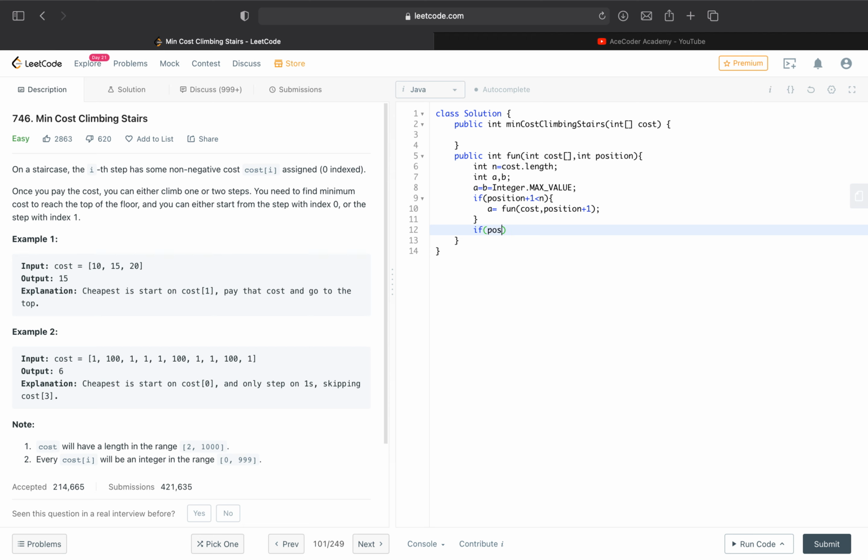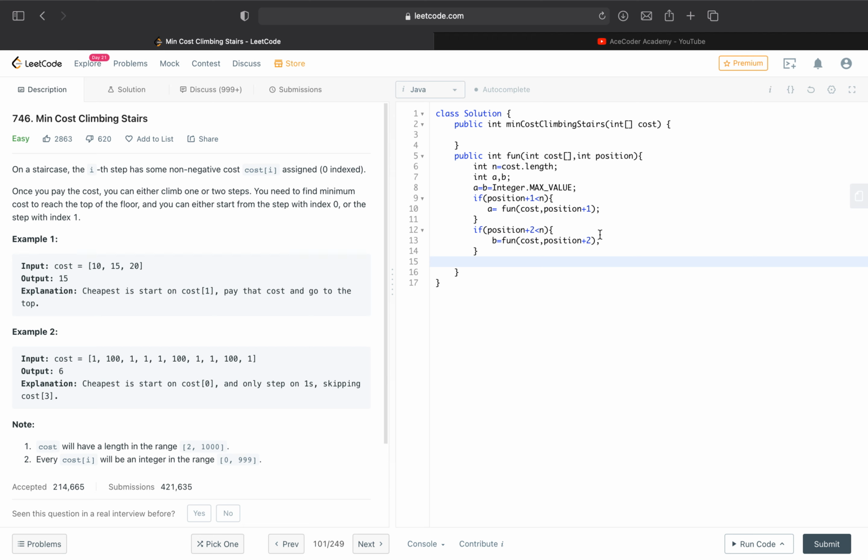If position +2 is less than n, what we are required to do is make it jump to position +2. Yes. So now what we have to return.